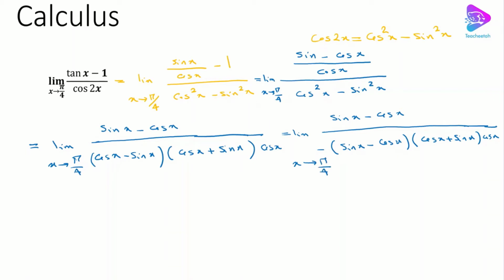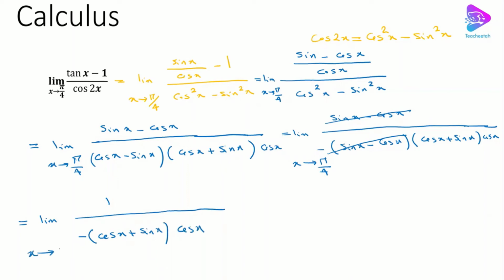Okay. Now what we have here is a simplification that can easily result in the final answer. So what we have to do is just cancel the top and the bottom part, which will generate a limit of 1 over minus cos of x plus sine of x times cos of x, and x is approaching to pi over 4, and now it's time to plug in pi over 4.